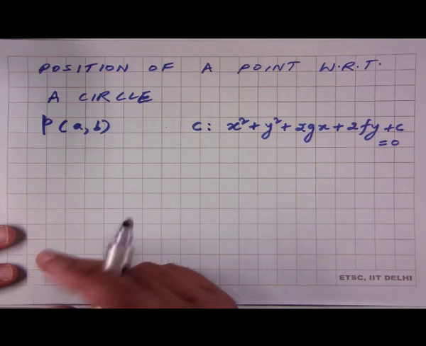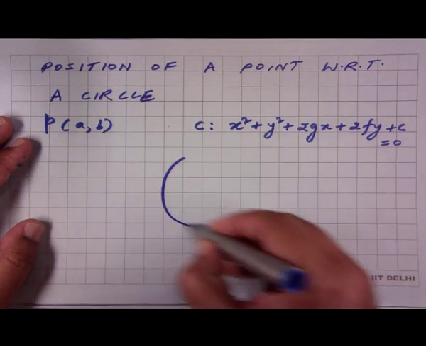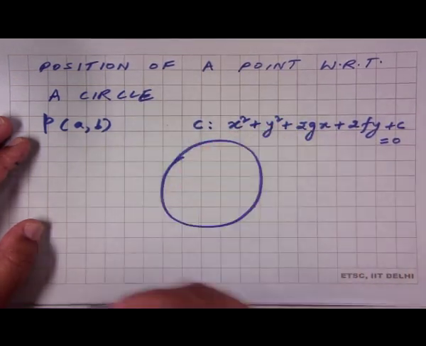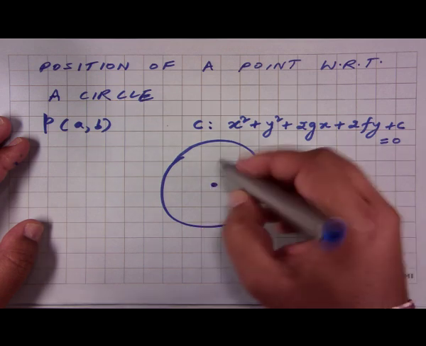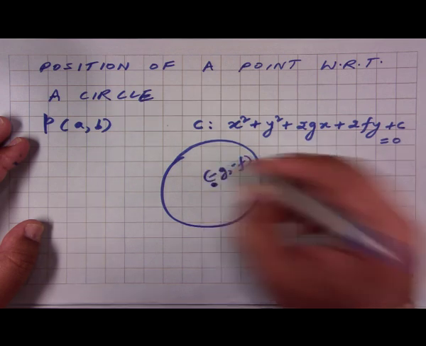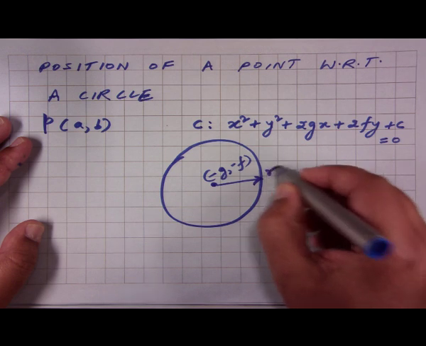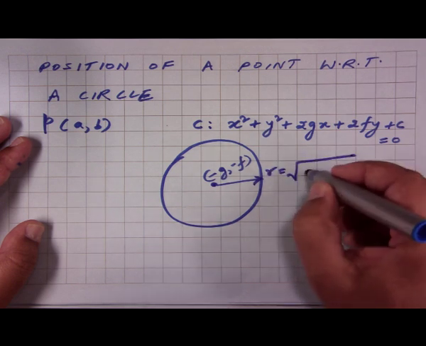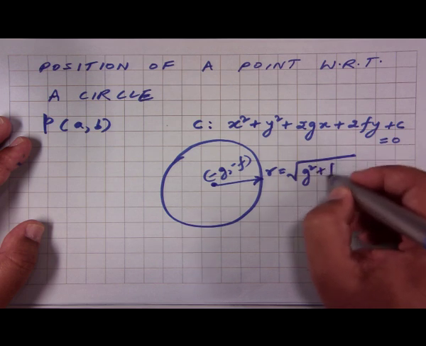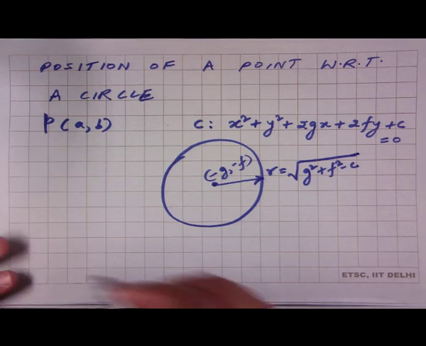Geometrically, the circle has center at minus g, minus f and radius equal to square root of g square plus f square minus c.